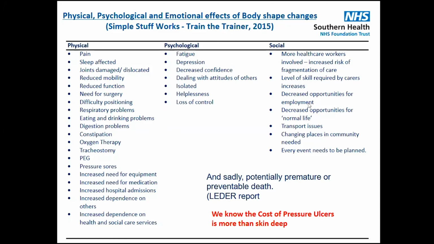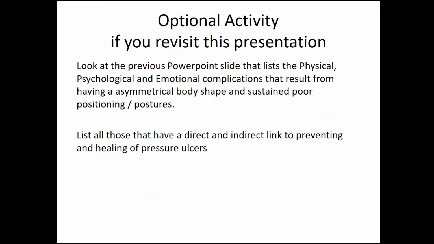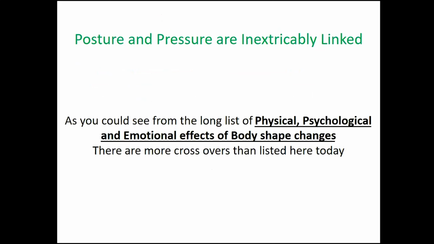So all of these in this list here, there's a little line, tissue viability, posture management. So if you want to revisit that later on, then obviously you can explore that for yourselves in a bit more detail.